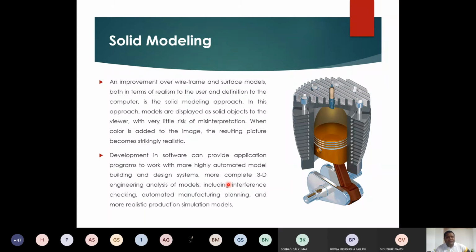It's very simple. The 3D solid model considers the internal portions, internal parts also. For example, if you look at the outer part of the engine, some fins are there, and you can apply some thickness. The thickness is also varying.